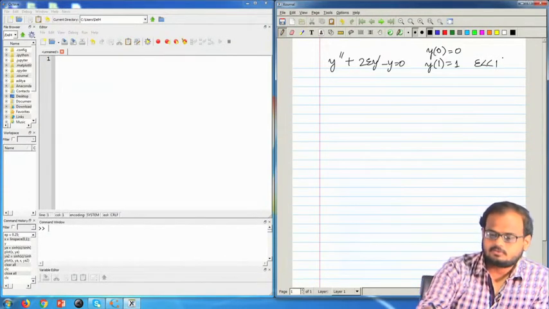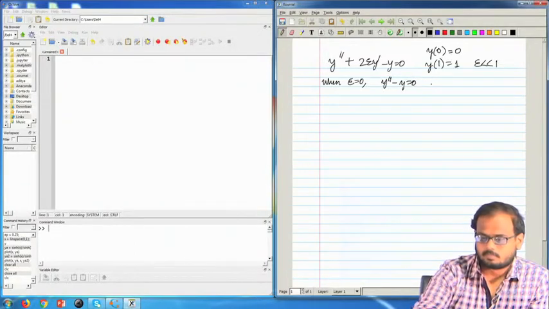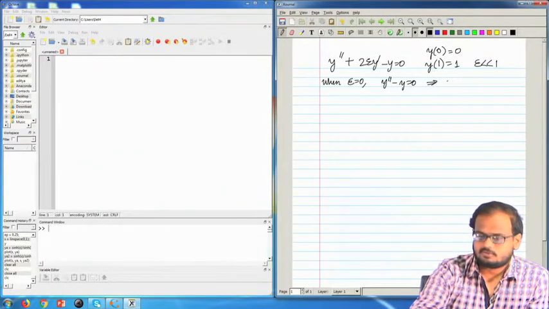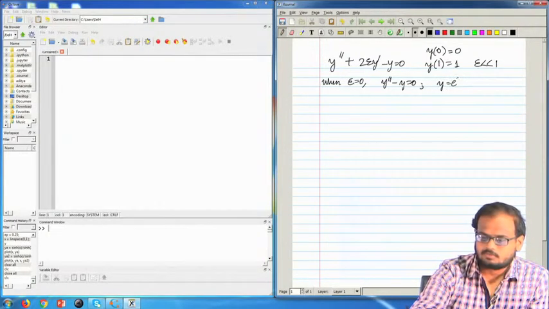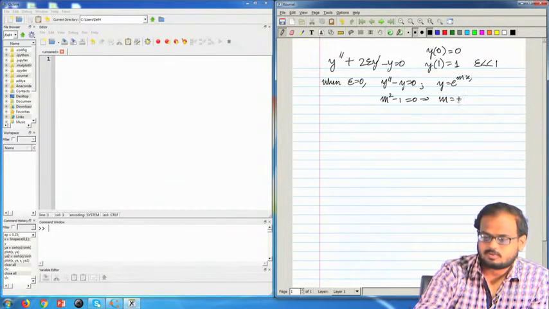Let us consider the solution when epsilon is identically equal to 0. The solution for this can be found by assuming y equal to e raised to mx, therefore, m square minus 1 equal to 0, implying m equal to plus minus 1.